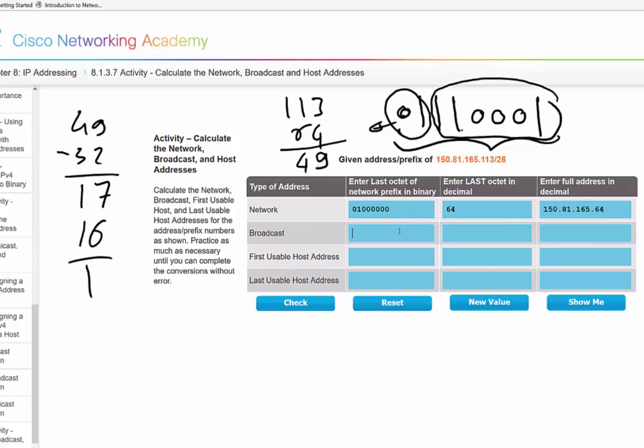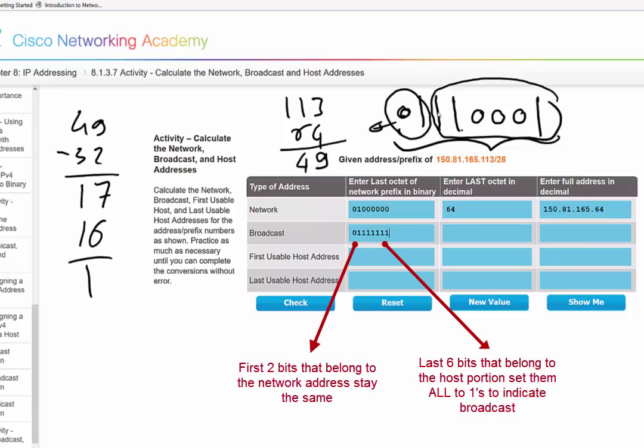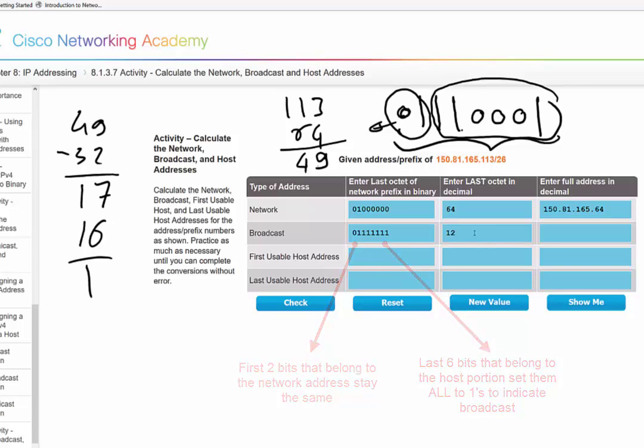The broadcast address will be 01111111, which is taking the host part and putting all ones, while the network part stays the same. This number corresponds to 127. So the full broadcast address would be 150.81.165.127.